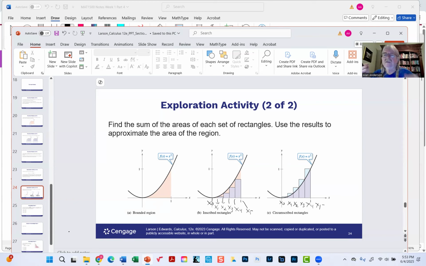Each rectangle is the area between, let's say, x1 and x2, x2 and x3, et cetera. On the left, the height of the rectangle is coming from these points. Over here, it's coming from these points.